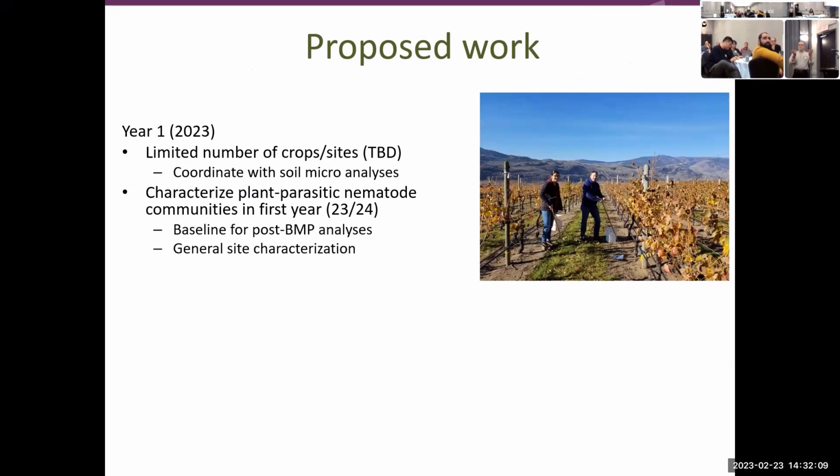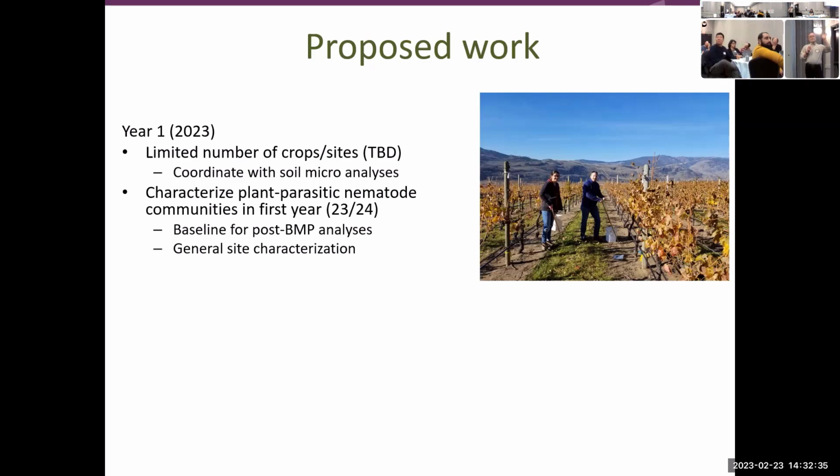So some of the work that we've proposed to do with our small little bit in Agriculture and Agri-Food Canada: year one, in a very limited number of sites, crops and sites to be determined yet, the exact ones. And we need to coordinate with Luke's group and with Miranda to make sure we get the most out of the information that we can.